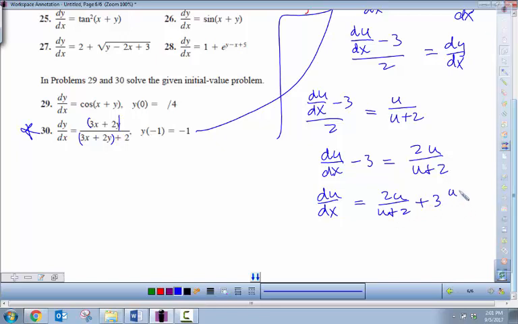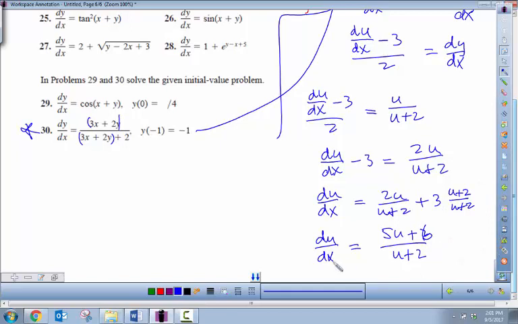This is u plus 2 plus 2u plus 3u, 5u plus 2, divided by 6, because that gets multiplied also.